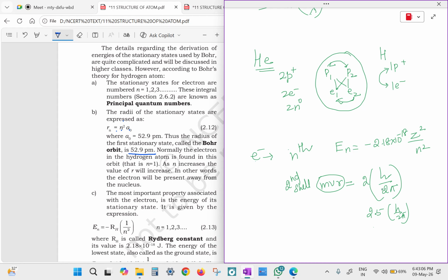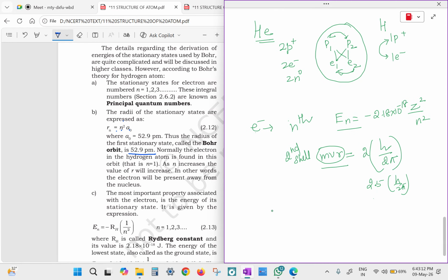Only certain allowed energy values, only certain allowed angular momentum values, only certain allowed radius values, which is a0 n square, which is 52.9 into n square picometers. So once you know the electron's principal quantum number, you can identify its energy, its angular momentum, and radius.